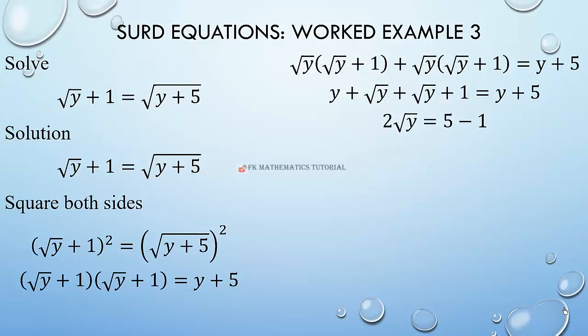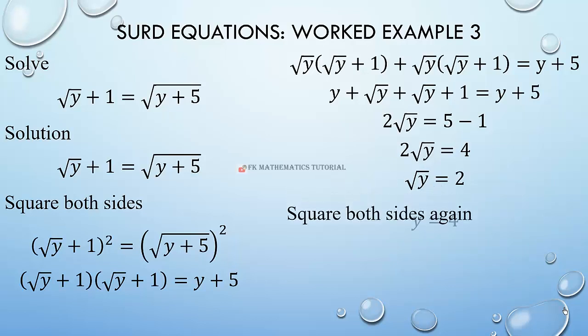So square root of y plus square root of y is 2 times square root of y. And grouping like terms, we have 2 square root of y is equal to 4. Dividing through by 2 gives us square root of y is equal to 2. We can square both sides again, and this gives us y to be equal to 4.